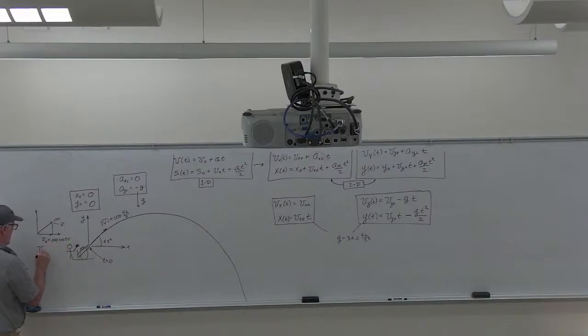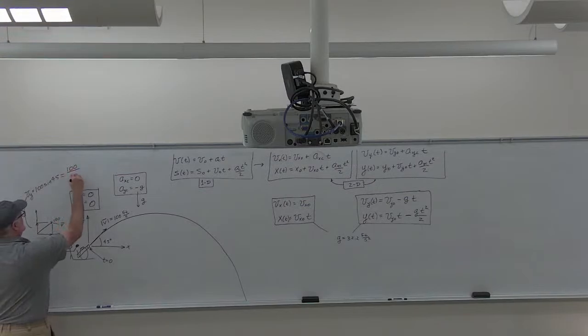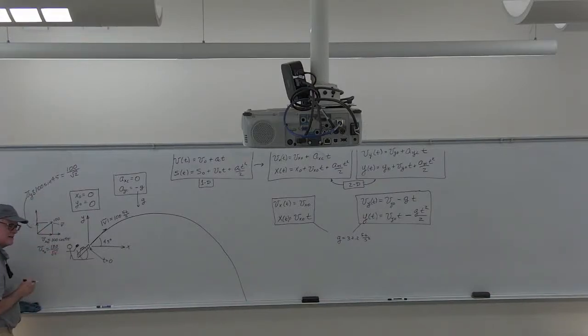And this is the y component, which is 100 times the sine of 45. The cosine and the sine are the same thing, so it ends up being 100 over square root of 2, and this is 100 over square root of 2. And so you're happy because you can figure those two things out.